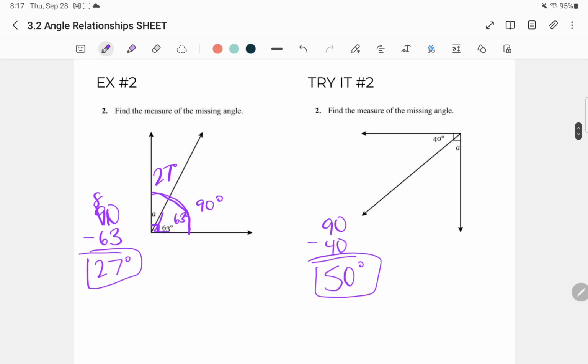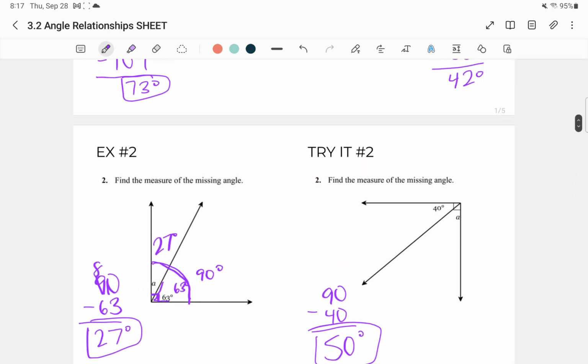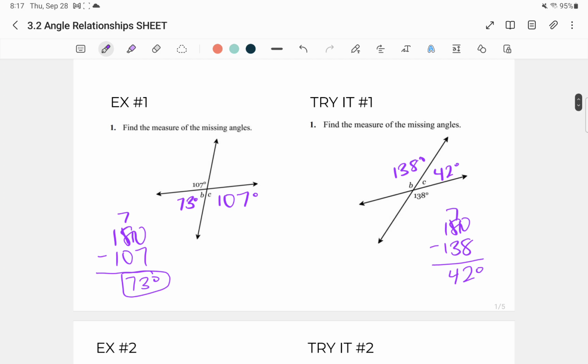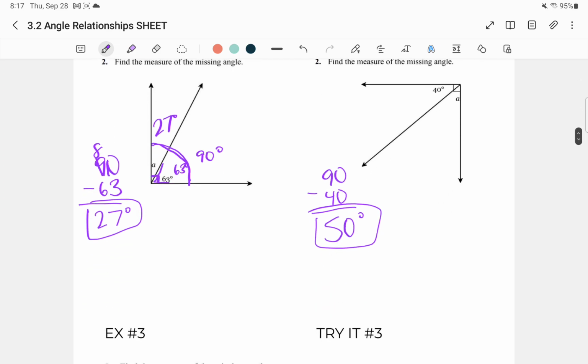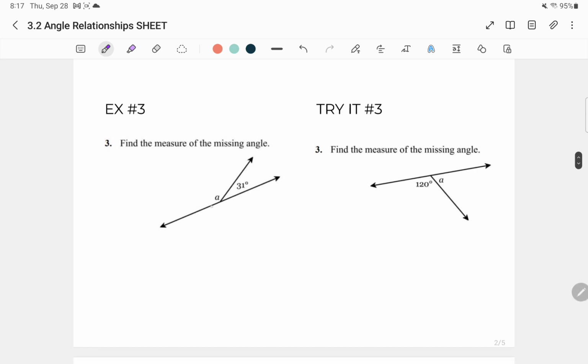All right, let's look at example number 3. Just like I said, we kind of did it already with the example up here. But you're going to sometimes just get a question just like this. If it is just a straight line, a straight line forms a linear pair, which are supplementary, which means they add to 180. So I'm going to take 180 minus 31.